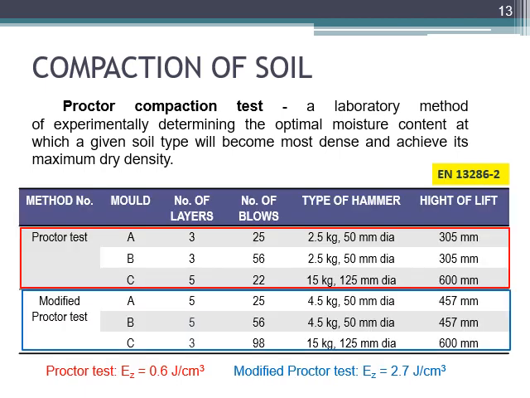When we want to use the European standard for the Proctor test, we can choose out of 6 methods. Again, 3 of these are the Proctor test, and the other three are modified Proctor test.